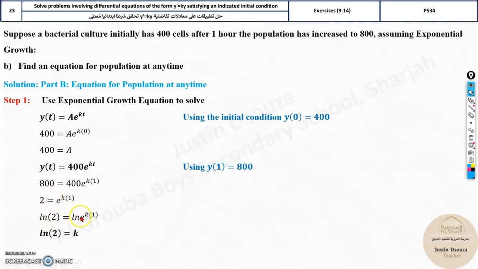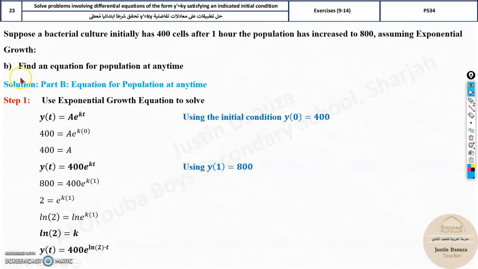Over here ln e is dissolved, k into 1 is k, so that's it. So we found the k value, a value. All you need to do is substitute back, because they have told any time, so t must be written as t itself. Now y of t equals 400 e to the power natural logarithm 2 into t.